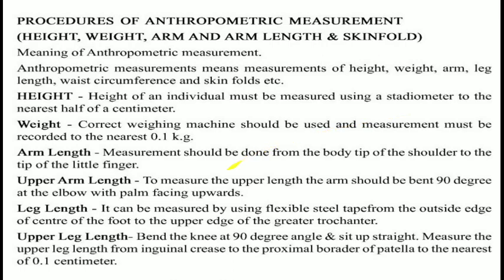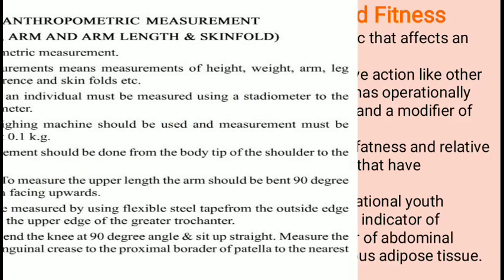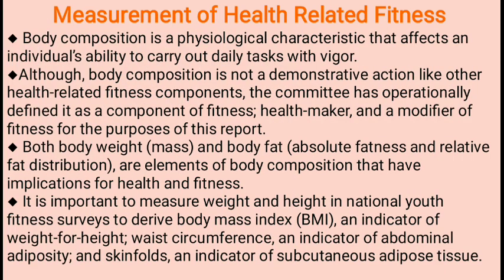Now we are going to learn related to the measurement of health related fitness. So body composition is a physiological characteristic that affects an individual's ability to carry out daily tasks with vigor. When we are talking about body composition, we are talking about fat accumulation, that is how much fat a male must have and how much percent of fat a female must consist of.